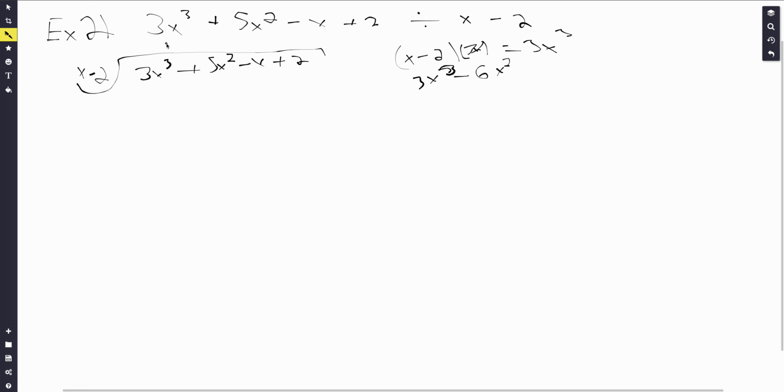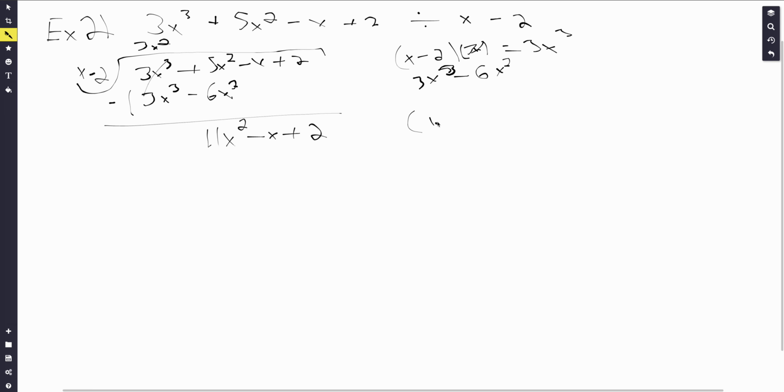Okay, so we can just write 3x squared over here, and subtract 3x cubed minus 6x squared. Okay, those cancel out, and that becomes positive, so this becomes 11x squared. And remember, the terms just drop down. Minus x plus 2.